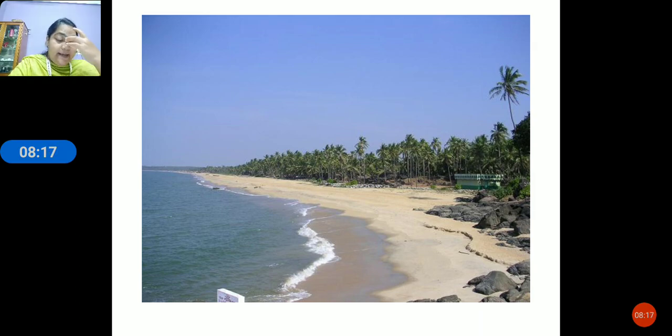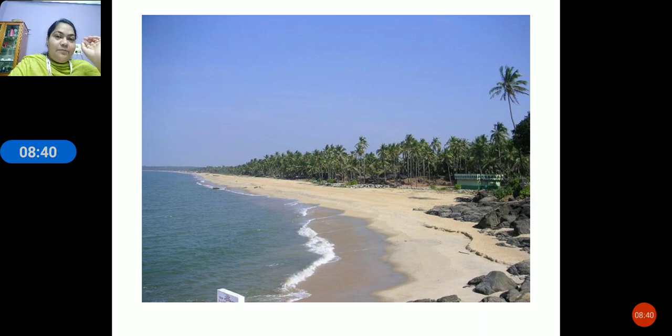The coastal plains run from the east to the west of India. From the east, as I just said, from Kolkata to the west, that is to Maharashtra or a little part of Gujarat. They are called the eastern coastal plain and the western coastal plain.